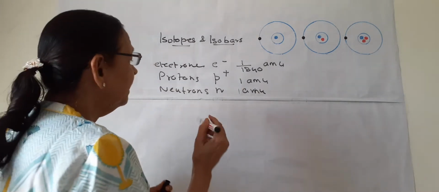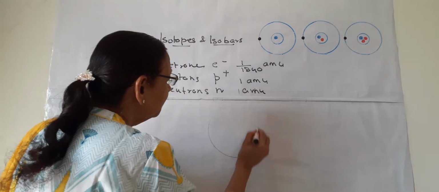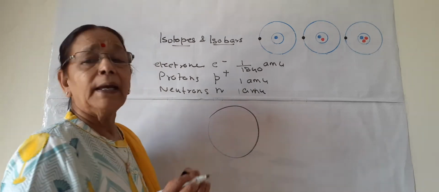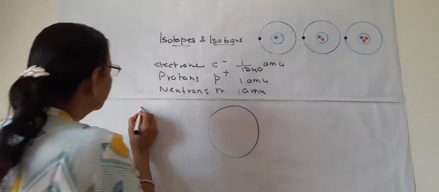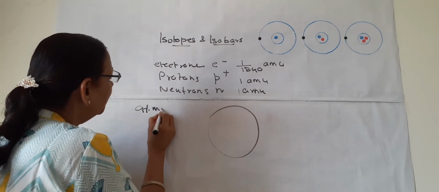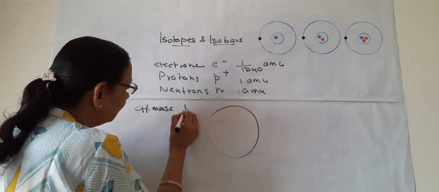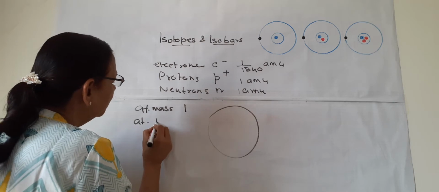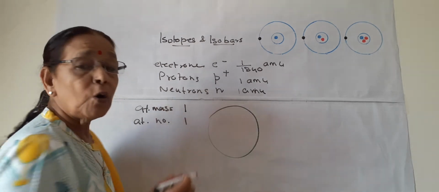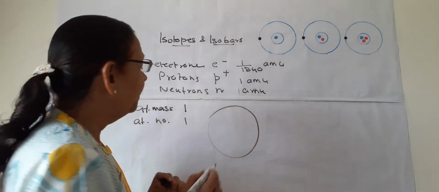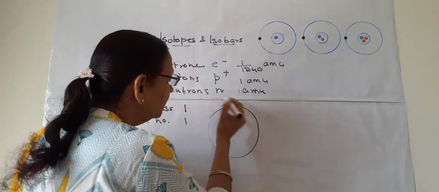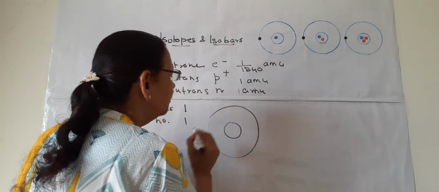So let's see. Suppose this is an atom of hydrogen. You must be knowing the atomic mass of hydrogen is 1 and atomic number of hydrogen is also 1. This is the first element of periodic table. So this is the atom, this is nucleus.